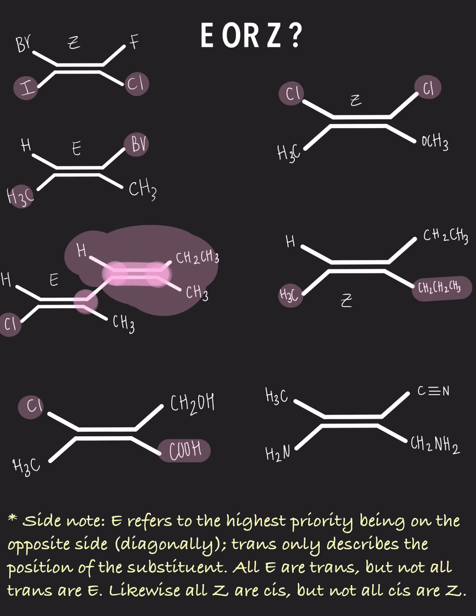aldehyde, and for those of you that don't know what an aldehyde would be, it would be this. It would still be your higher priority. Why? Because you're double bonded to an oxygen versus this one being an alcohol. Okay, technically it would be like this, but I think you get the point. It would only be single bonded to that oxygen. This one has a double bond to the oxygen. If it were an aldehyde, if I was changing out this group, okay, this is not what a carboxylic acid is.